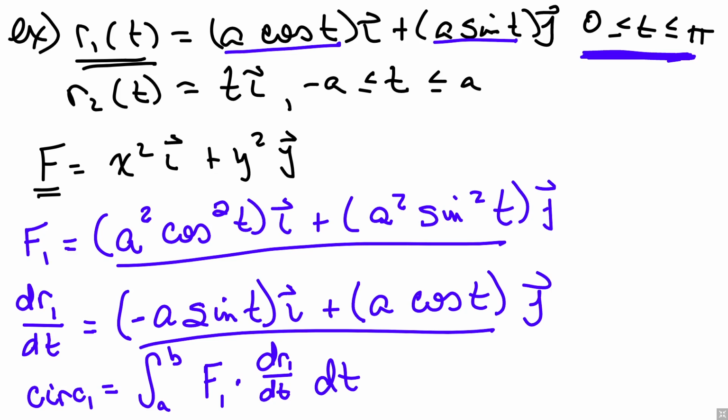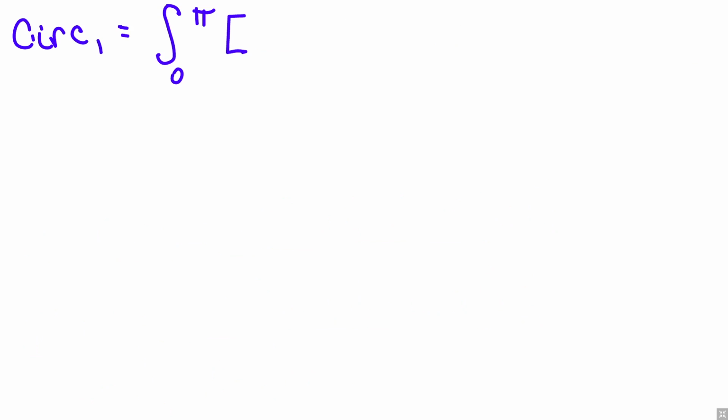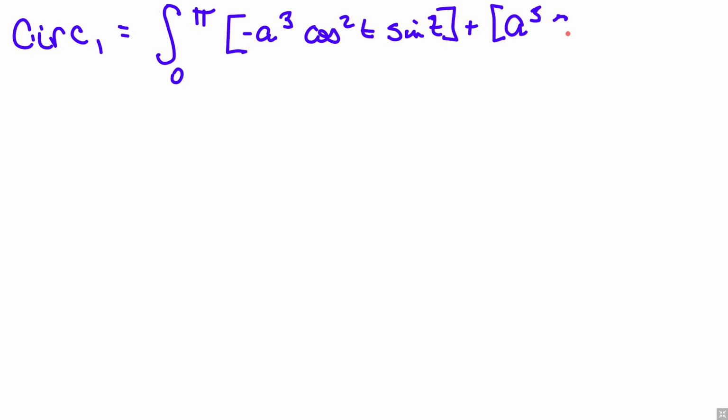If we do that, we end up with negative a cubed cosine squared t sine t, and then for the second piece, plus a cubed sine squared t cosine t, dt.